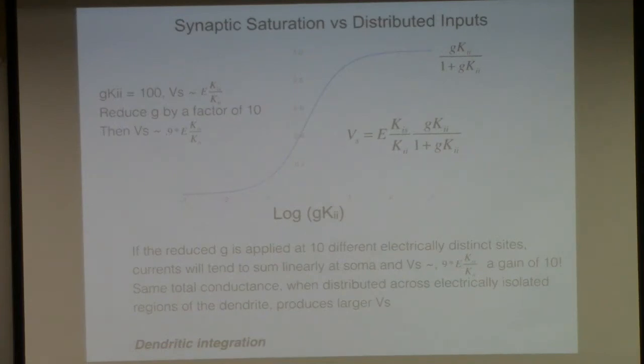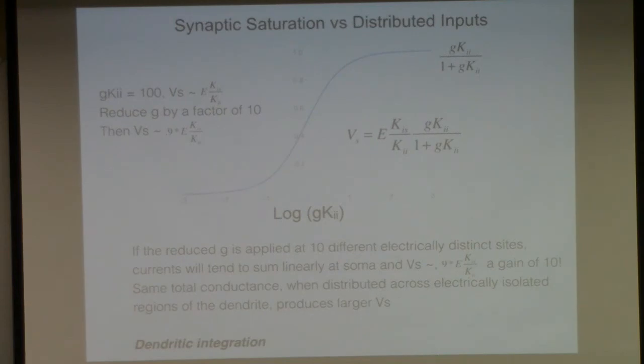So if G times KII is now 10, log of 10 is 1. So this scaling term is about 0.9. So at each site where we apply one of these synaptic inputs, the voltage at the soma will be 0.9 times this term.